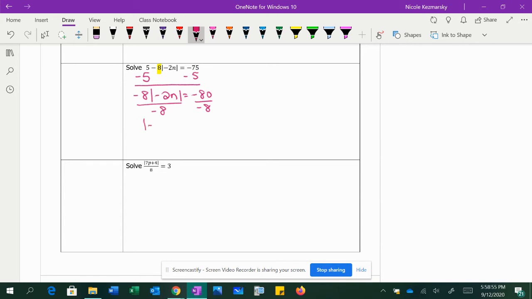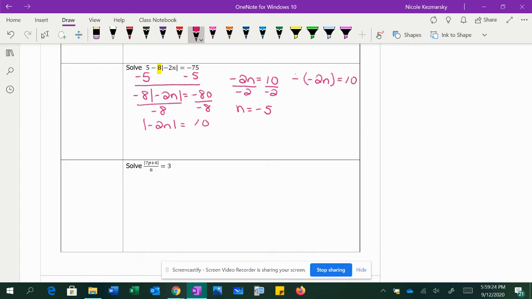So I get absolute value of negative 2n equals 10. We're okay, that's a positive value, so I can keep going. So I'm going to set up negative 2n equals 10 and negative 2n equals 10. For the first equation, I'll divide by a negative 2 and get n equals negative 5.